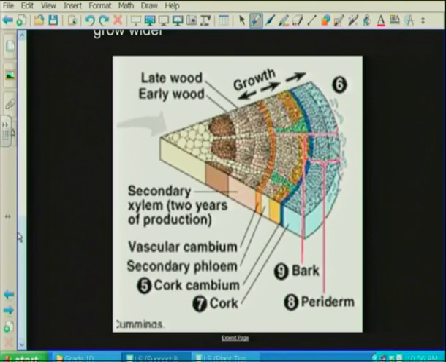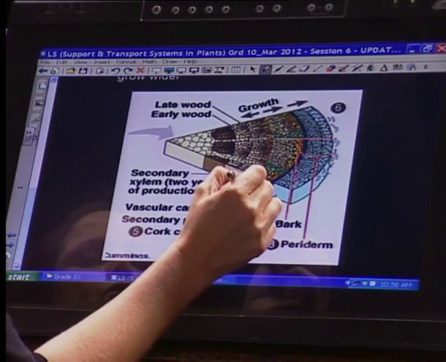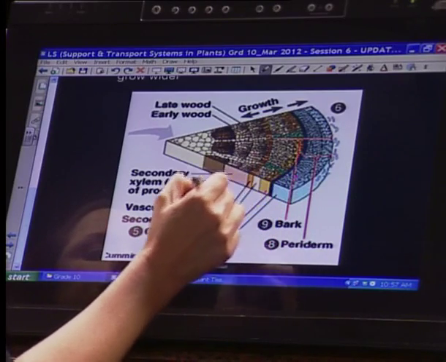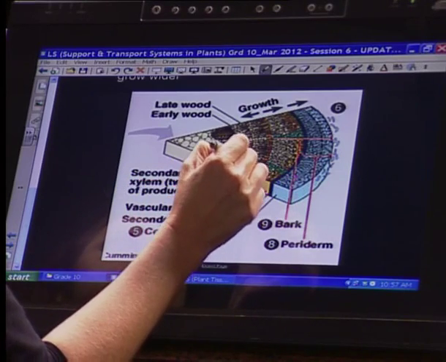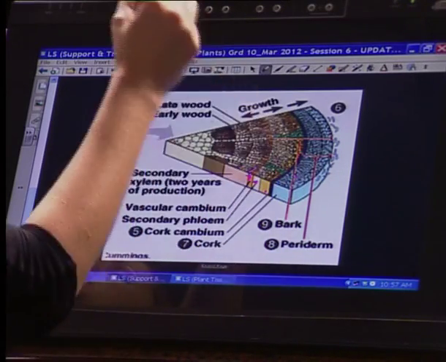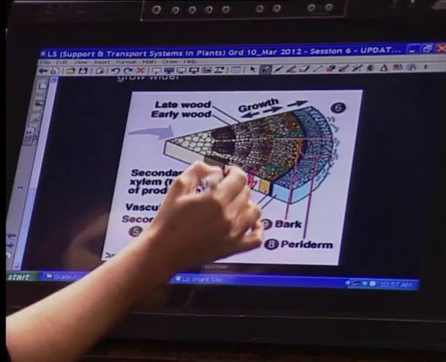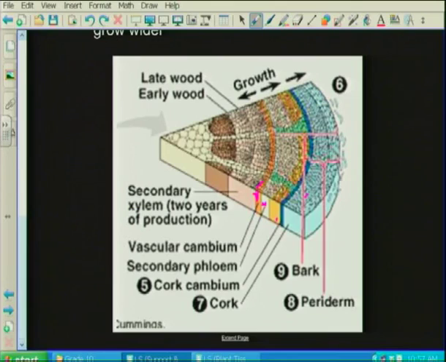So let's look at it like this. Here is your bark. Then you have your secondary phloem, your vascular cambium, and this is where it links up with the parenchyma cells and becomes meristematic. And then you have your xylem.